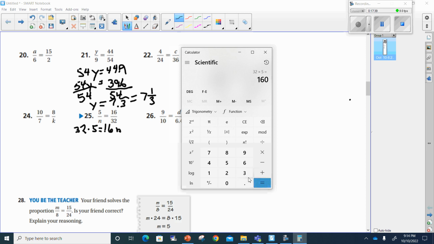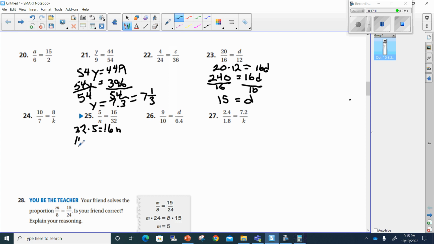That's going to equal 160. 160 divided by 16, but there's no math there, right? That's going to give me 10.